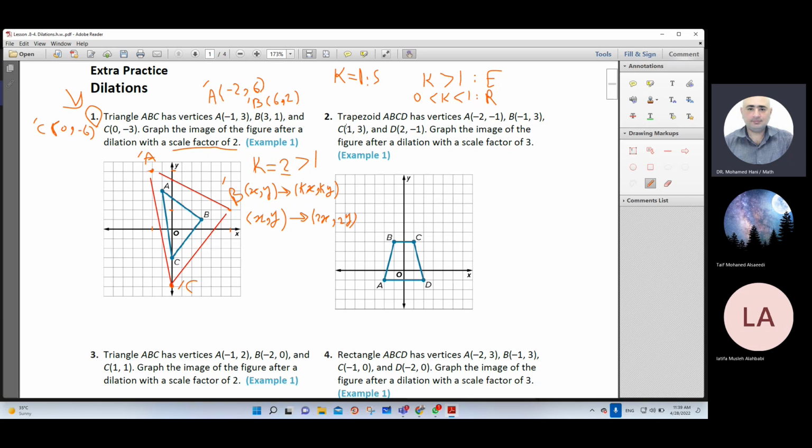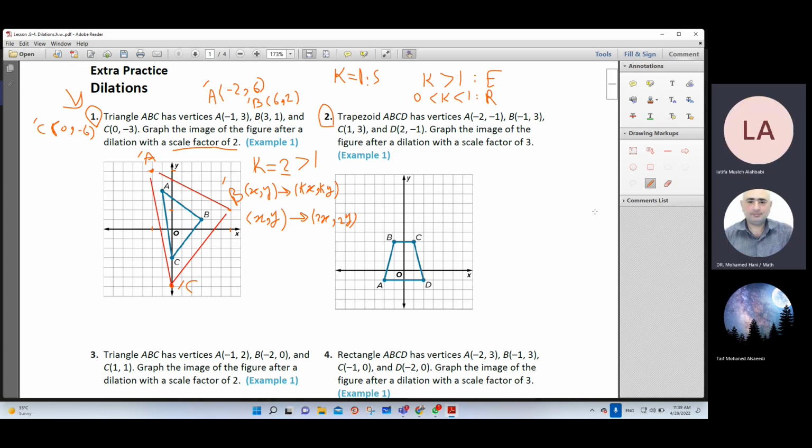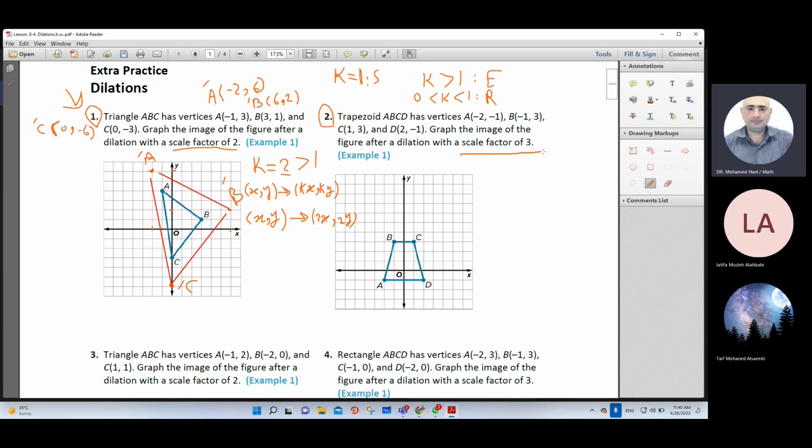Right. Latifa, can you read exercise number 2, please? Trapezoid ABCD has vertices A(-2, -1), B(-1, 3), C(1, 3), and D(2, -1). Graph the image of the figure after dilation with a scale factor of 3. Thank you, Latifa. Now, the scale factor k equals 3.